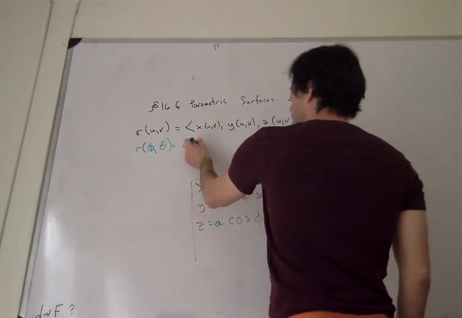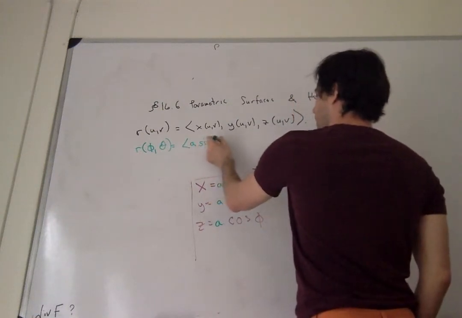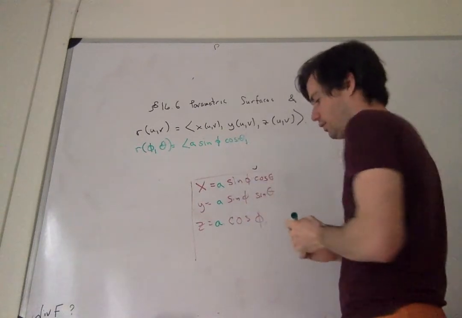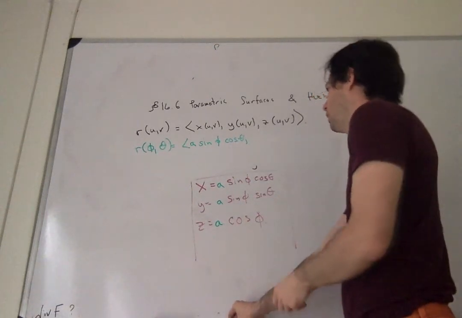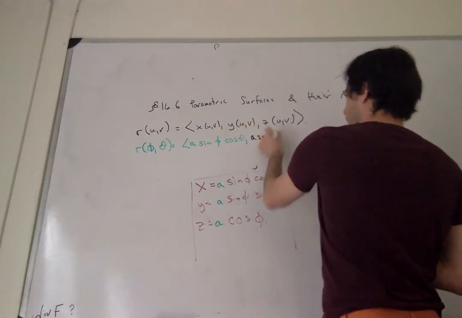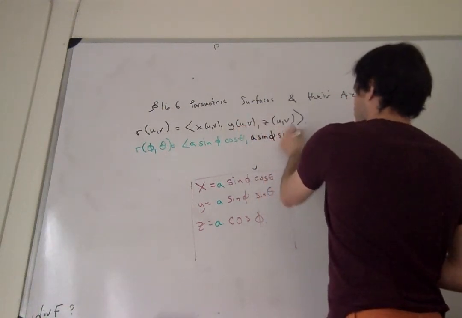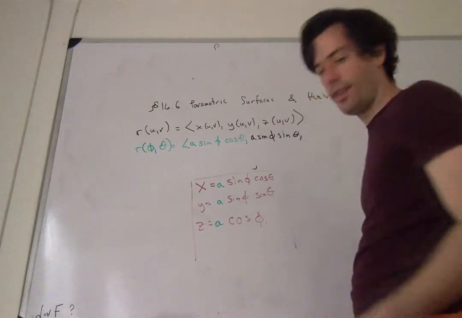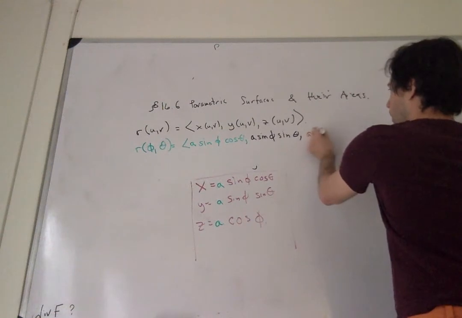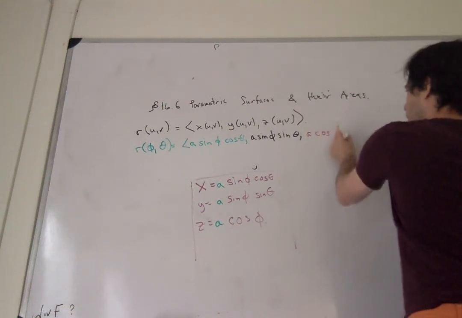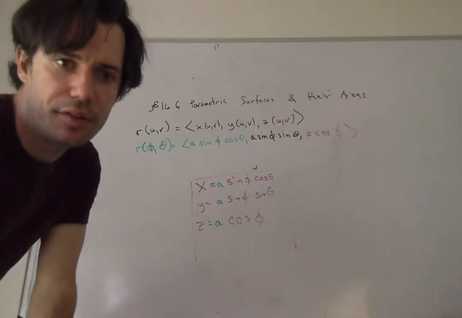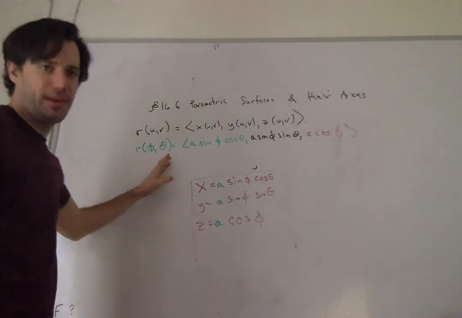So this will be a sine phi cosine theta, a sine phi sine theta, and then for the final coordinate, a cosine phi. Okay, so this is just one example of a parameterization.